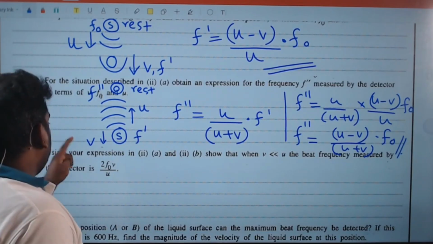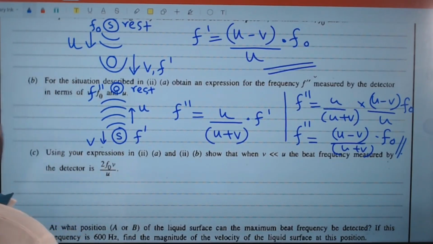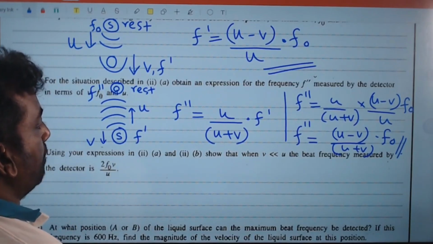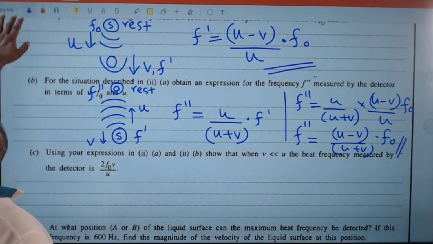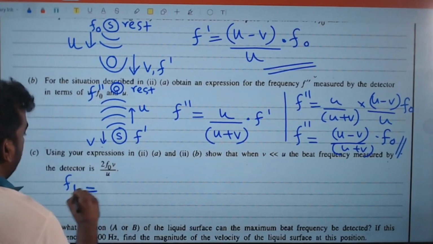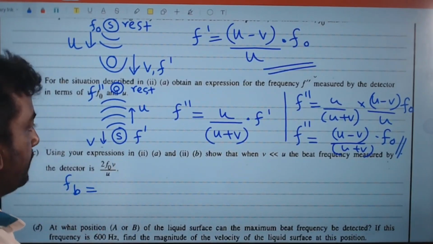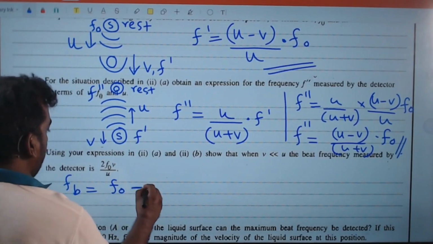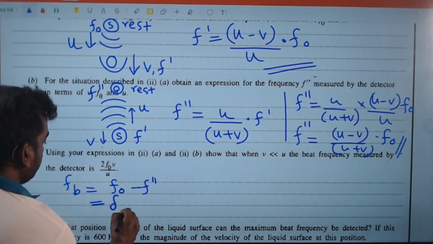Using your expressions, show that when v is very small compared to u, the beat frequency measured is as follows. Now what do you mean by beat frequency measured? The difference between emitted frequency and received frequency. Emitted frequency is f naught, received frequency is f double dash.